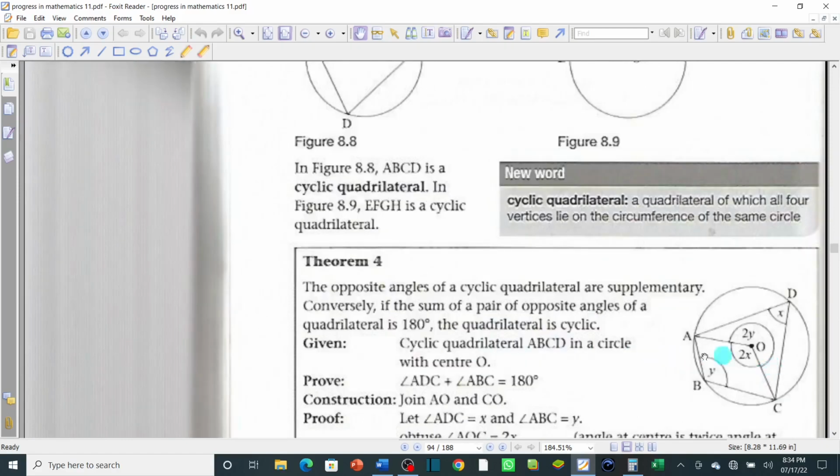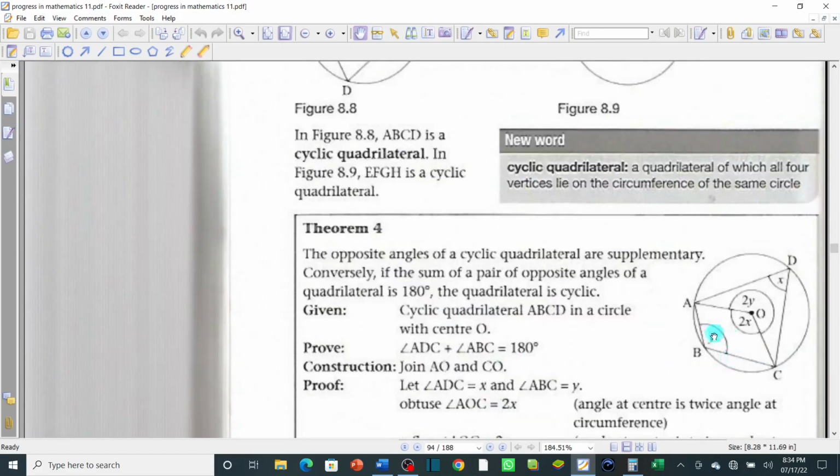So this one is a cyclic quadrilateral which has 4 angles: 1, 2, 3, 4. And then the opposite angles, like y and x, these are opposite. So these are known to be supplementary, meaning when you add them, they should give you 180. So this angle and this angle should give you 180.